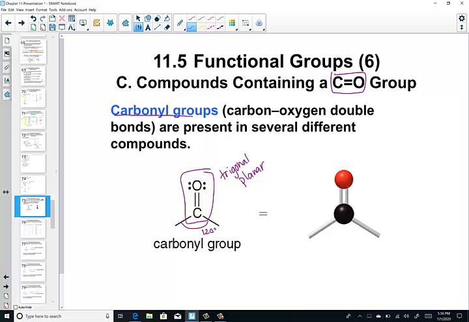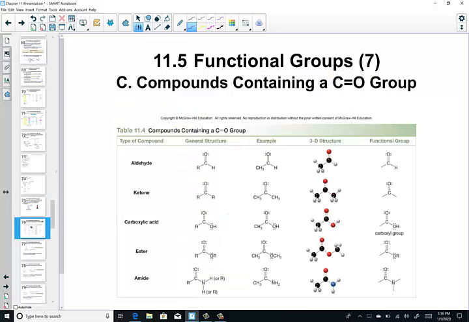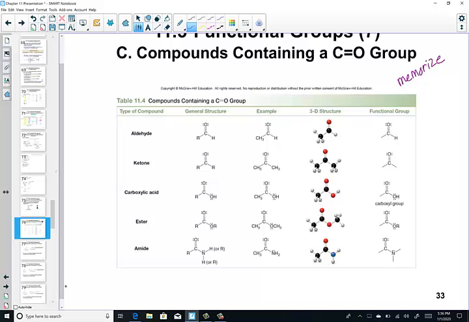So carbonyl groups have carbons that are containing C double bond O. And there's quite a few that we need to examine and commit to memory. Let's examine those together. This is what I'm asking you to write in the left margin. In the first example, the first row, we have what's called an aldehyde.